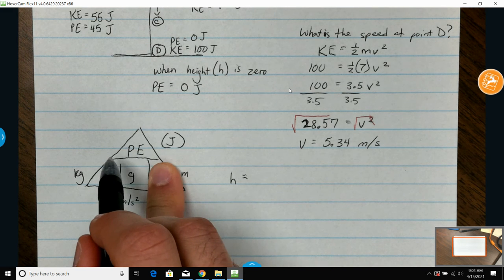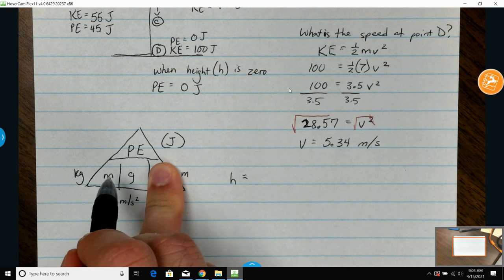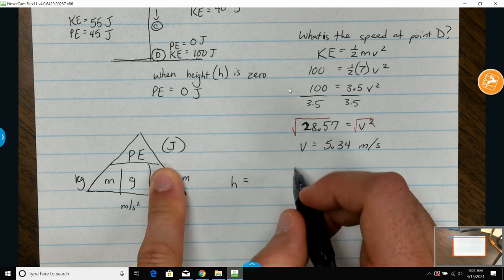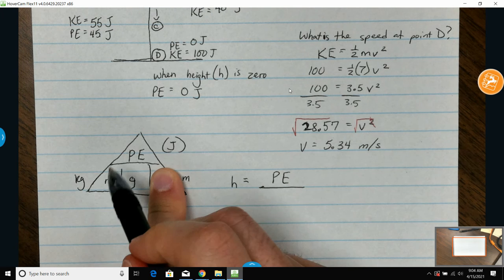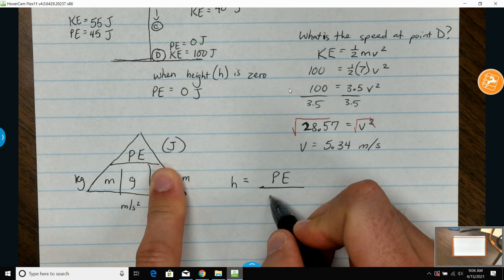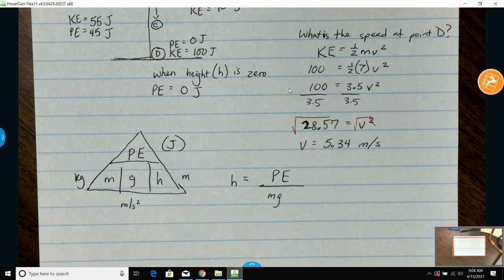Potential energy divided by, now if they're next to each other, you multiply. So it's potential energy over mass times gravity. Now, what value are we using for gravity? We're using 10. If someone's using 9.8, they can use that. That's how you can do that.